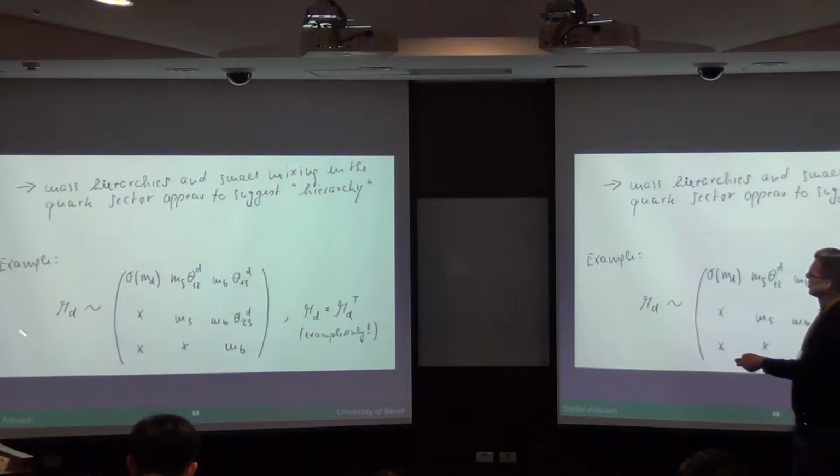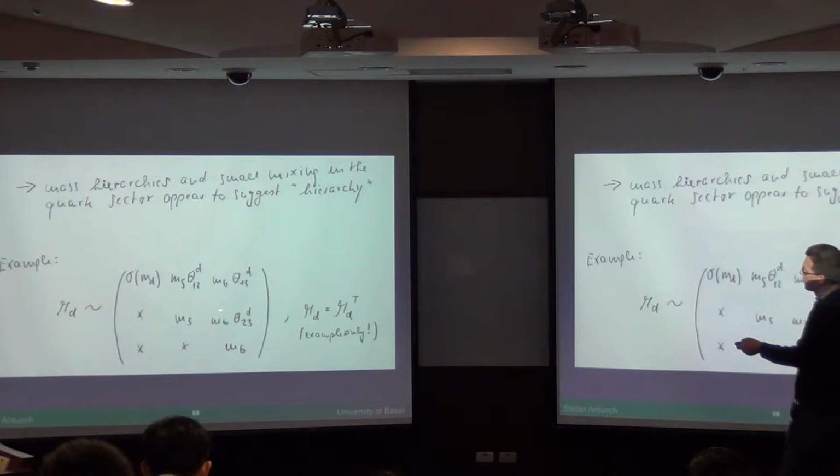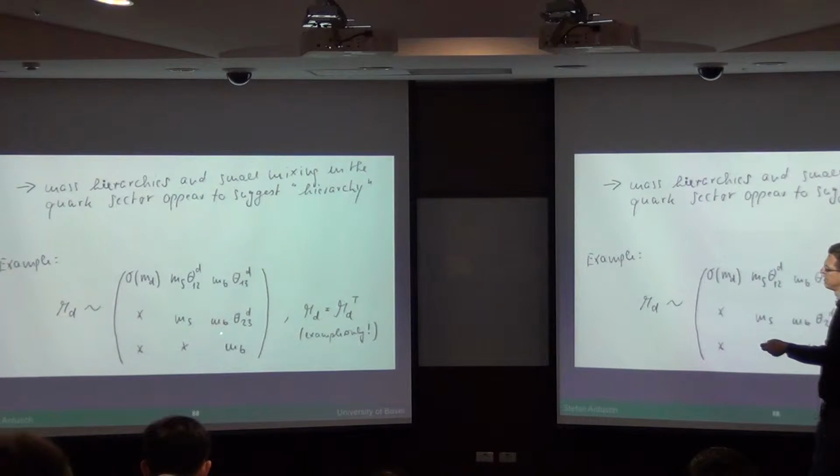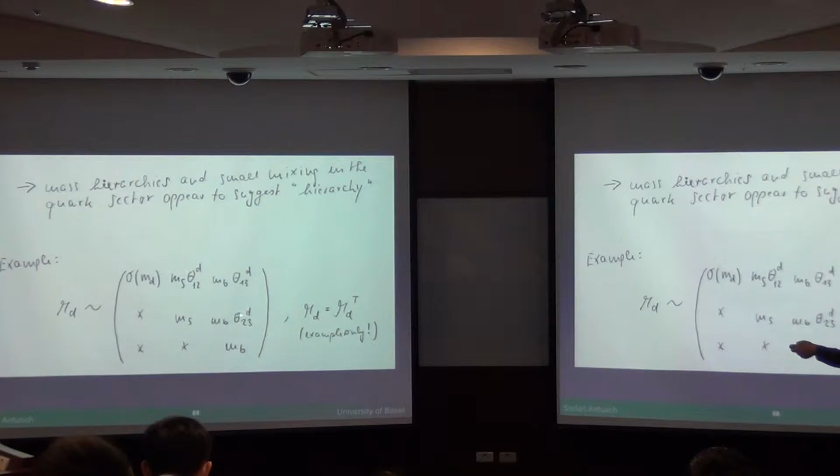For example, the down quark mass matrix can look like this from the structure. Here is the largest element, the bottom quark mass. So it's not really order one, but it's the largest. Then these elements are smaller and of the order of the strange quark mass. Or here, it's like the bottom quark mass times the 2-3 mixing angle. So it's kind of suppressed by this small mixing.